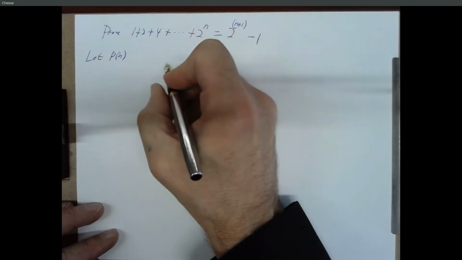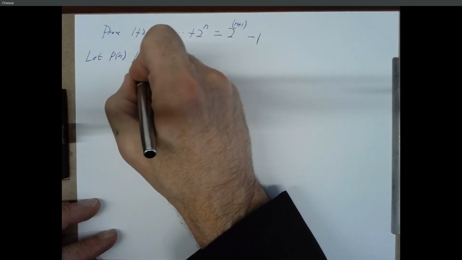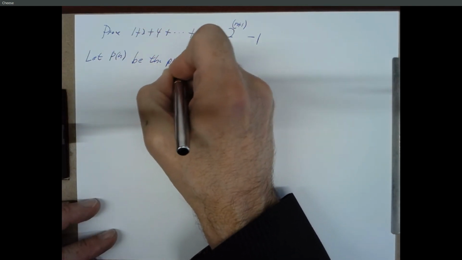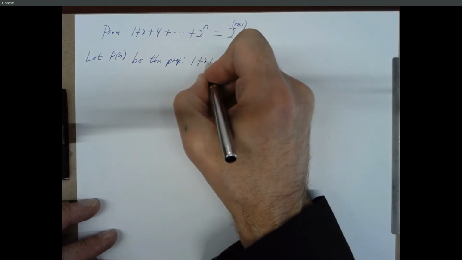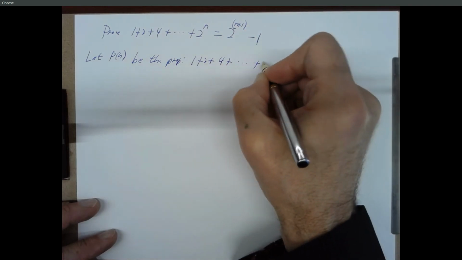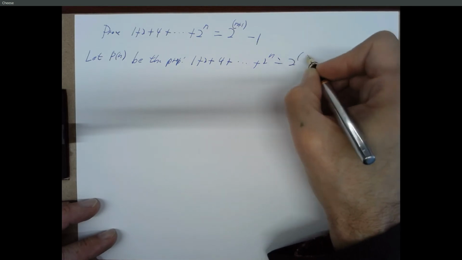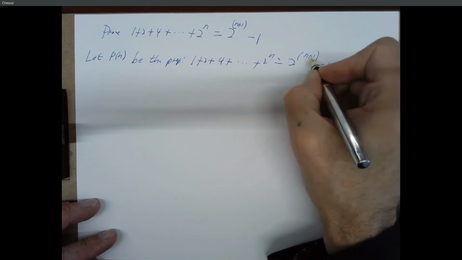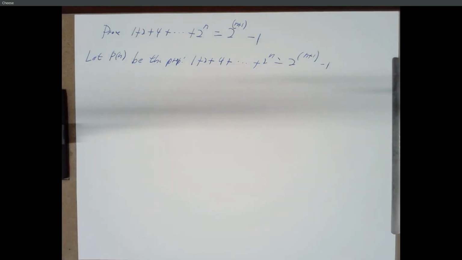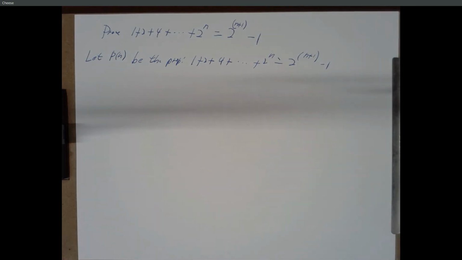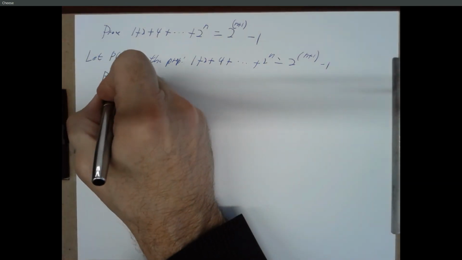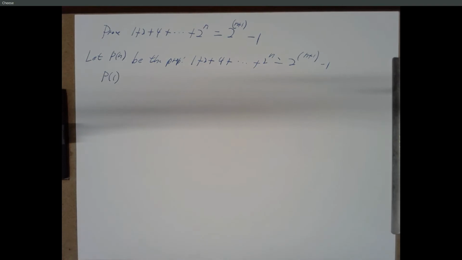So we'll make a family of propositions, P of n. P of n is the proposition 1 plus 2 plus 4 up to 2 to the n equals 2 to the power n plus 1 minus 1. All right, is P of 1 true?